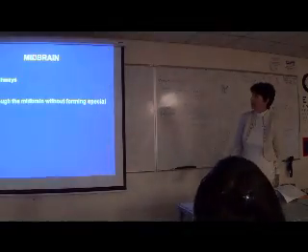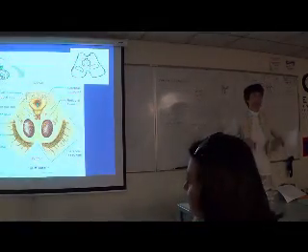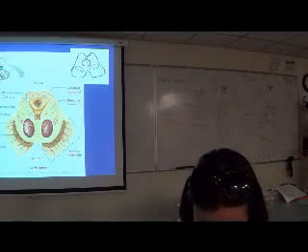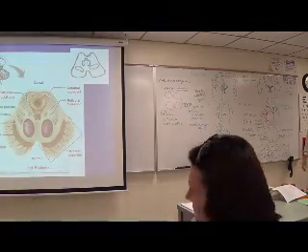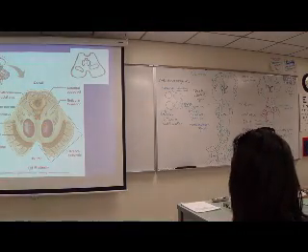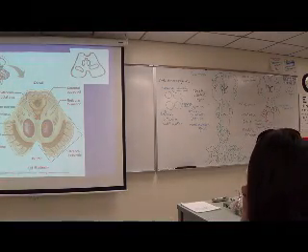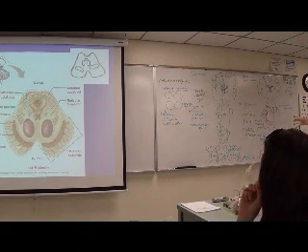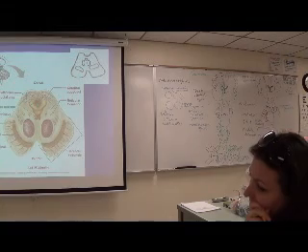Okay, now I know that was a lot of complicated pathways. I could have just named the structures for you, but I wanted to start to tie in their functions. So this is what we're actually going to be looking at on Friday. Okay, so we're going to take our time.